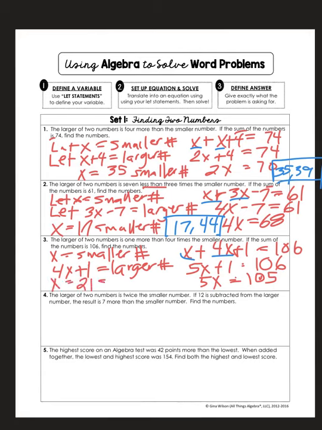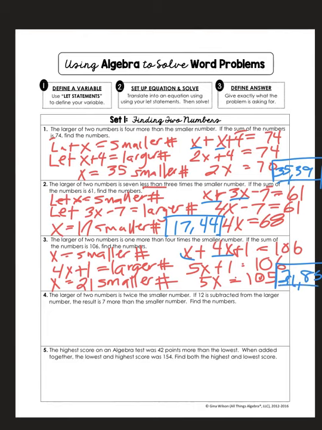This is the smaller number. In order to find the larger number, we plug it in. So 4 times 21 is 84, plus 1 is 85. So my two numbers are 21 and 85. That's a really good 21.